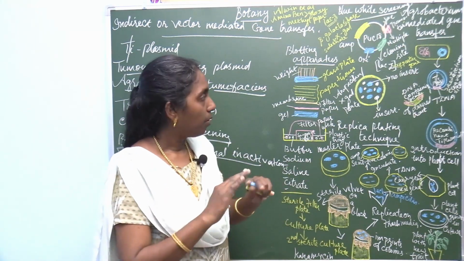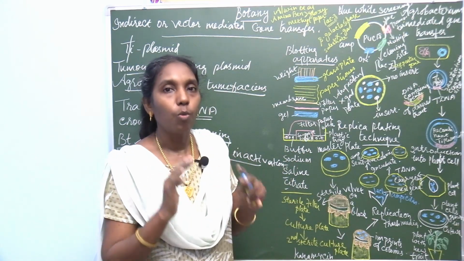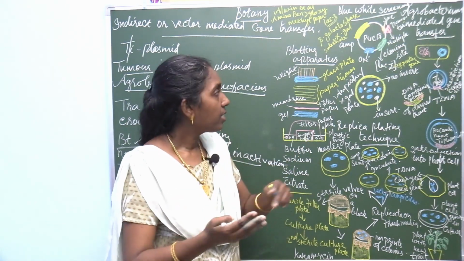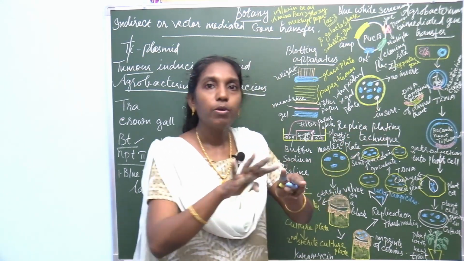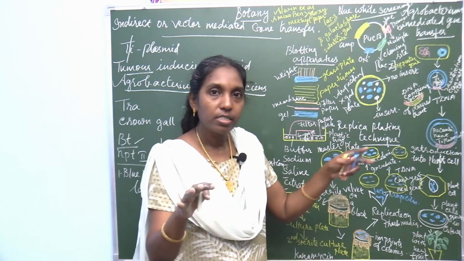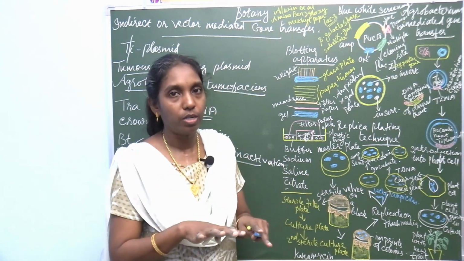The area is white, and the colony is produced as white. So if there is insertion of a gene, it produces a white colony. If no foreign gene has entered, it forms a blue colony.